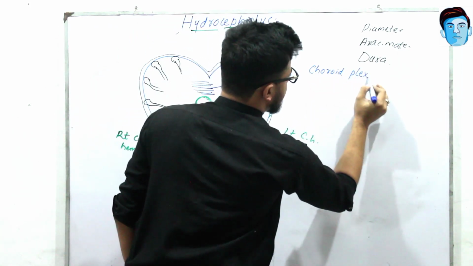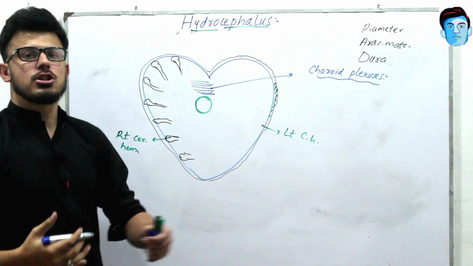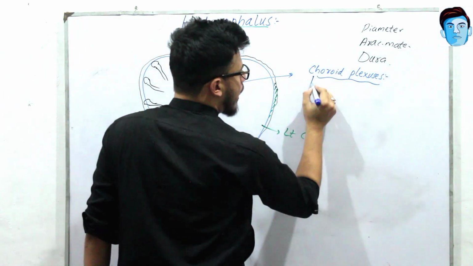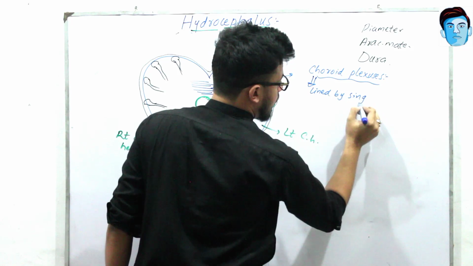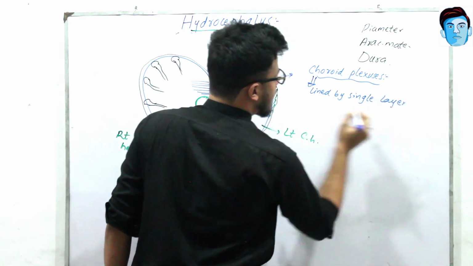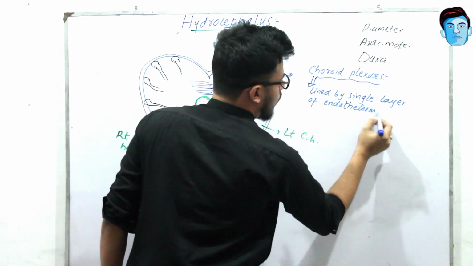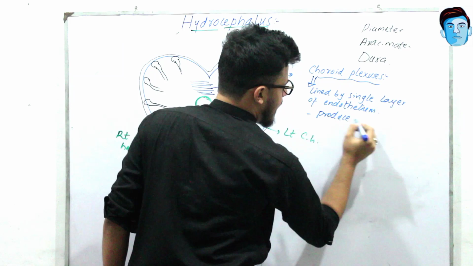And what is the choroid plexus? It is a bunch of capillaries, consisting of around 30 to 40 capillaries, and it is lined by a single layer of endothelium. And what is the major function of the choroid plexus? It produces the CSF.